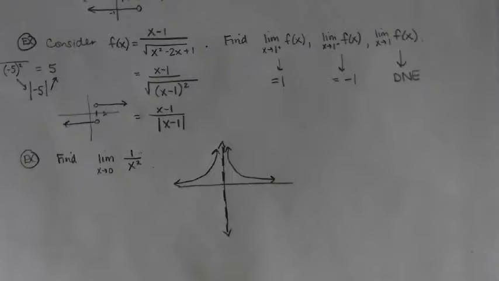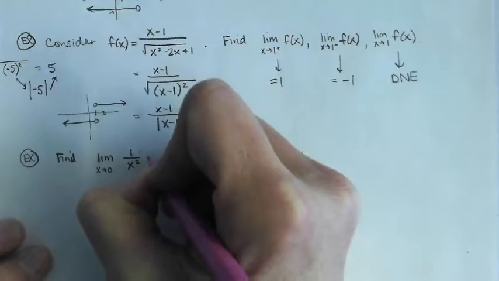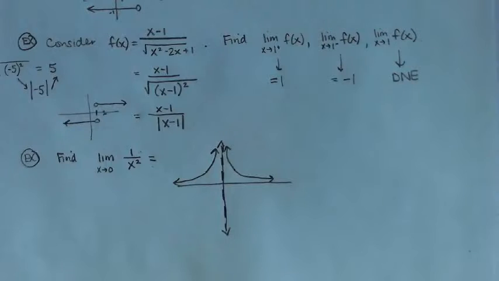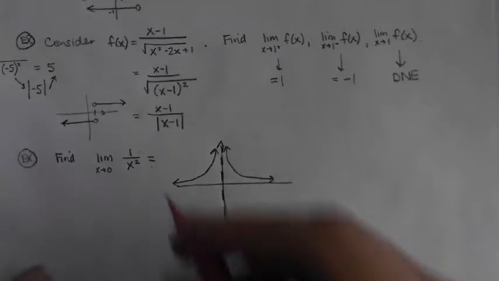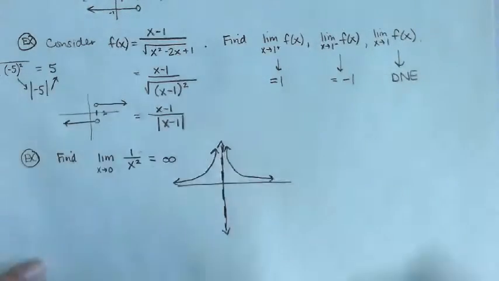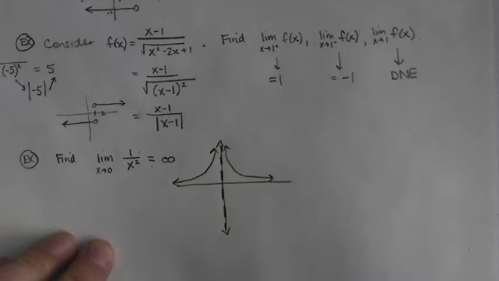Okay? But we do give more specific answers if possible. So yes, this limit doesn't exist, but you're probably not going to see does not exist. You would see the more telling version of does not exist, which would be infinity. And we're able to do that here only because from the left and from the right, they're both the same infinity because of that double-rooted asymptote.